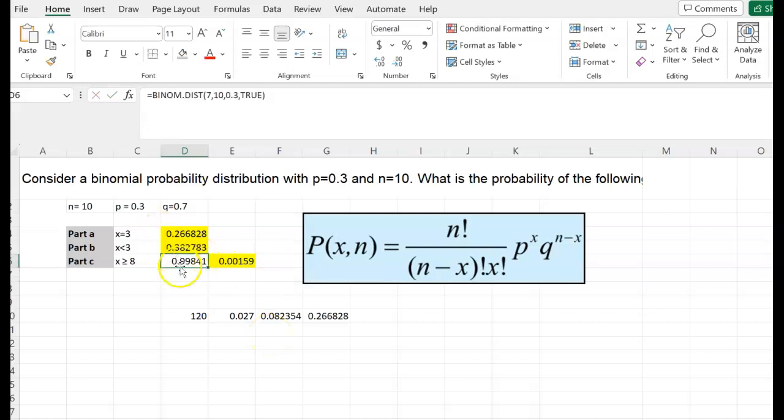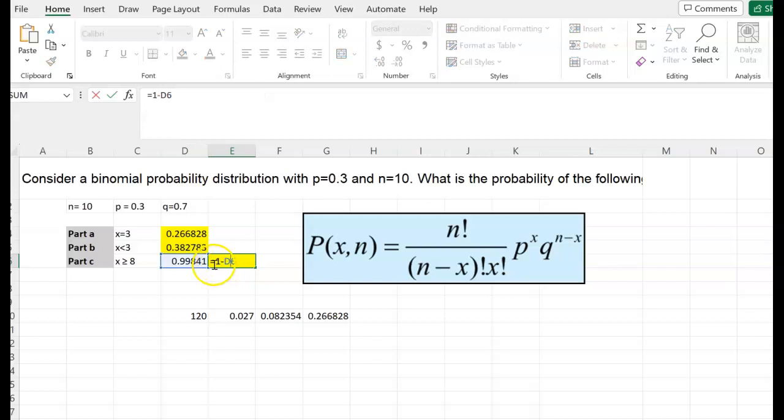This number includes everything we don't want, because we want 8 and above. So we can use the complement rule and say 1 minus the other side, and then you would get your probability. Hopefully this helps. If you have any questions, please let me know.